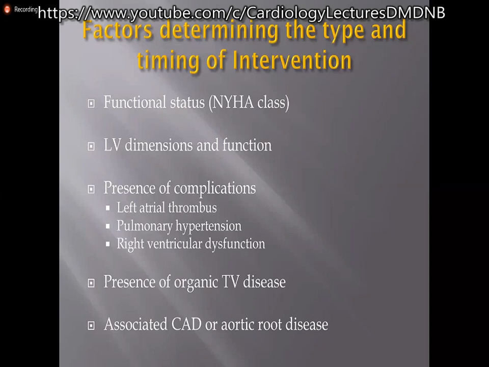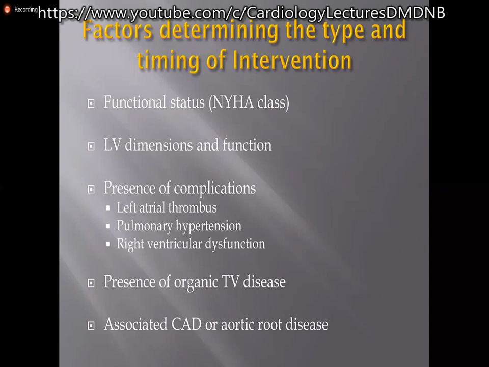This is one of the neglected aspects of valvular assessment, because RV dysfunction has a lot of bearing on the surgical outcome of mitral or aortic valve disease. So RV function is as important as LV function. Then we should also determine the extent of organic tricuspid disease and associated coronary artery disease or aortic root disease.